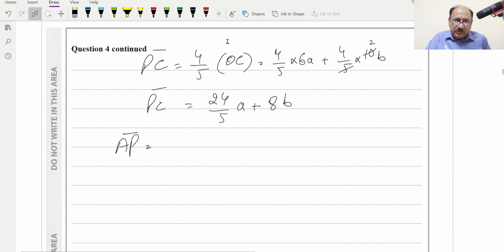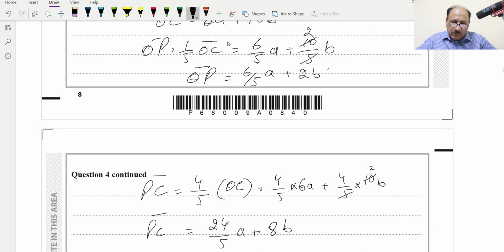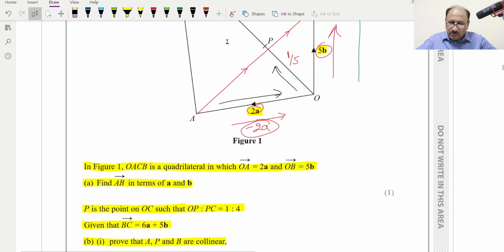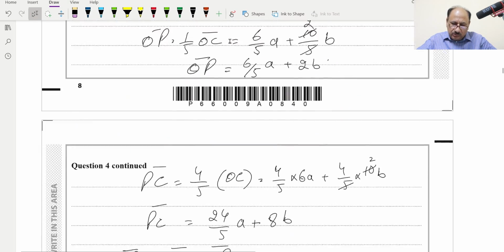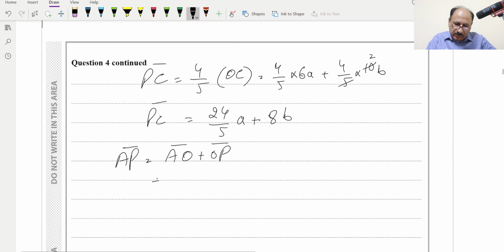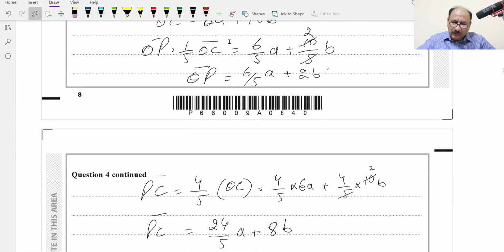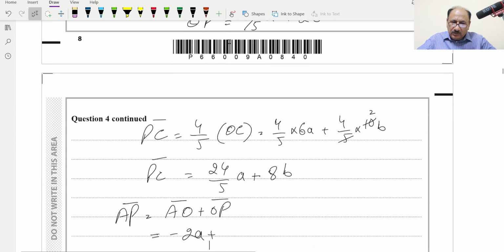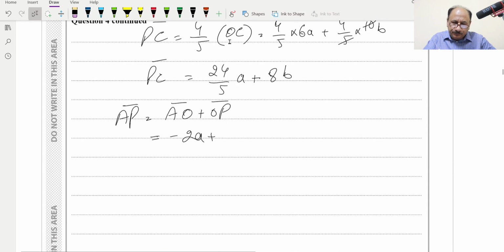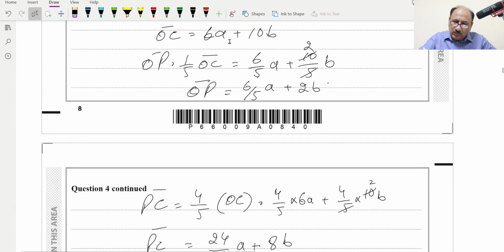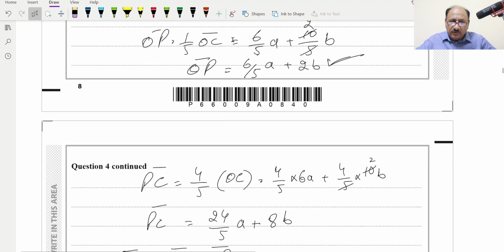We can take this route. So AP is equal to AO plus OP, and we have the value of AO, which is given, minus 2a. So we will replace here: minus 2a plus the OP value that we just found, which is 6 over 5 of a plus 2b.